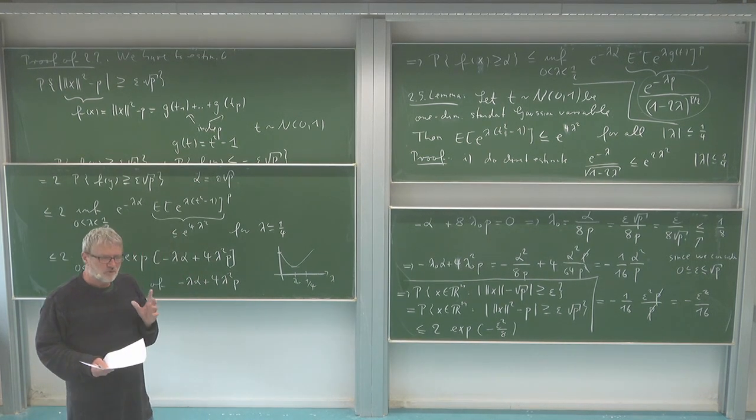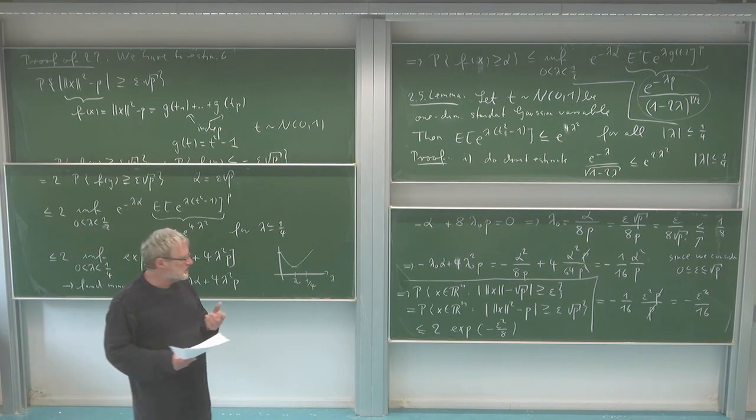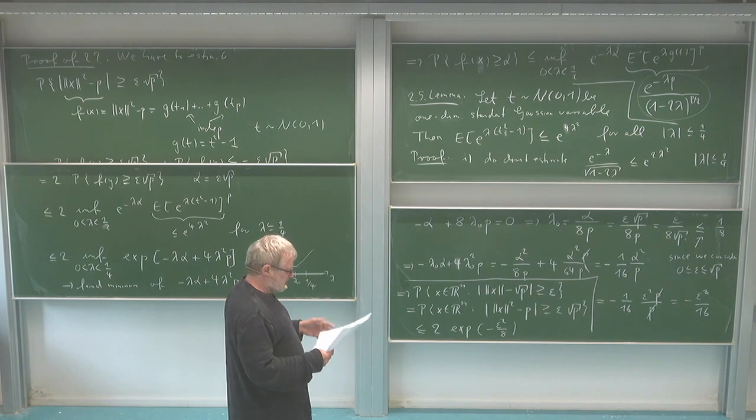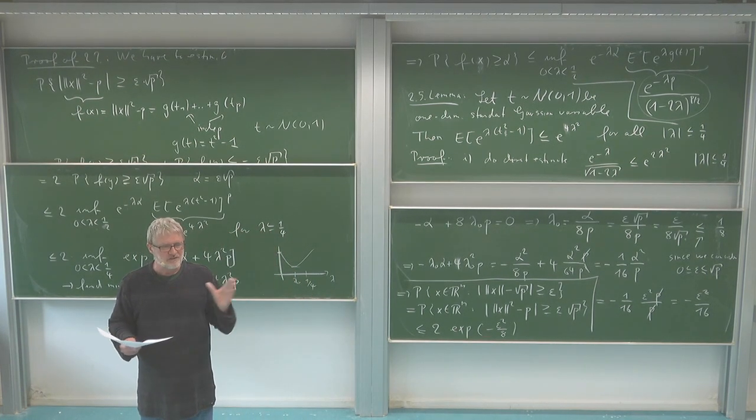What we have seen here is the general machinery, and what we have used is that our function is essentially a sum of independent guys.